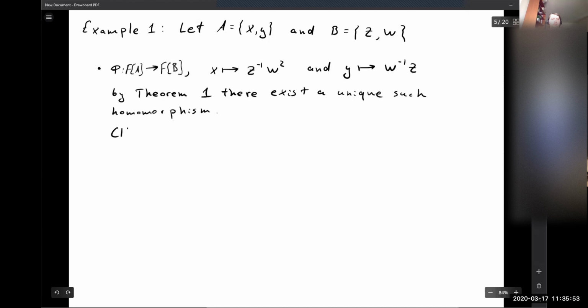And claim: phi is an isomorphism. So the proof will be left as homework.